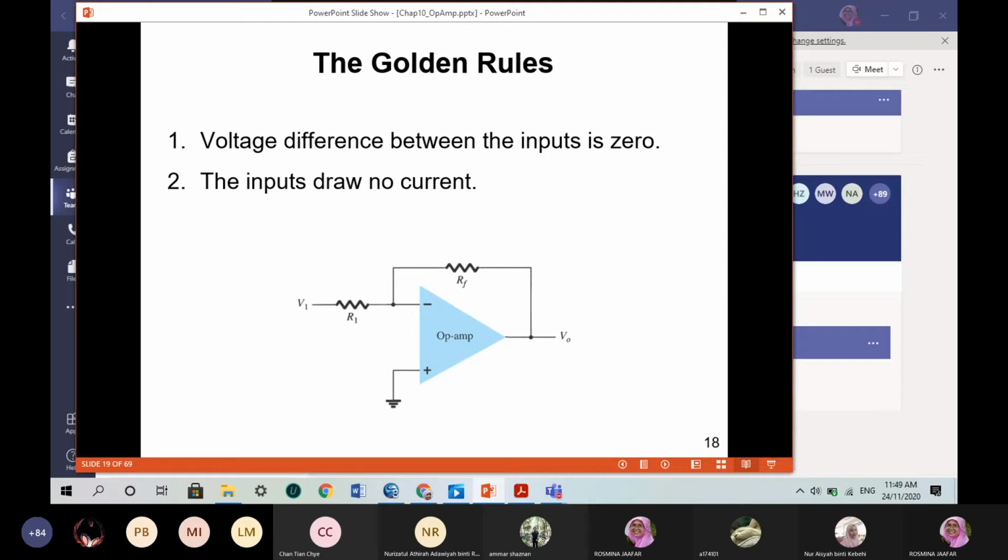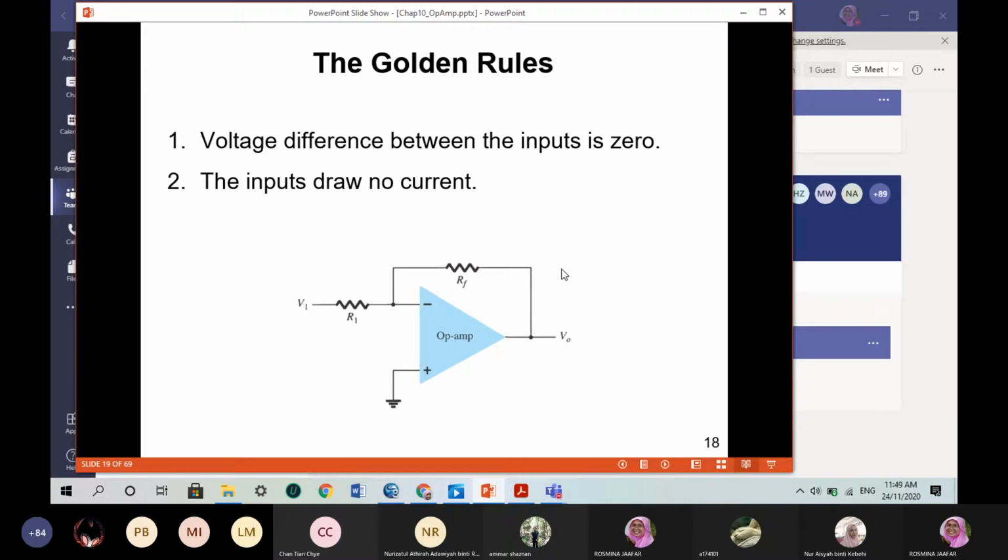When you have V1, V2, the difference will be 0. Number two, the input draws no current, meaning that there is no current flowing into the inverting input terminal and into the non-inverting input terminal.